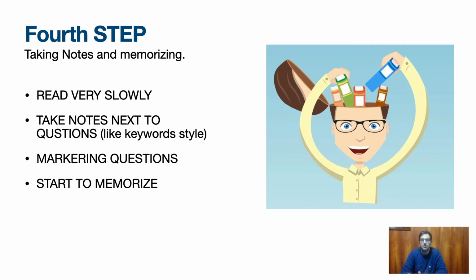And for type 2 questions, take another color of marker and tick the questions which you think you will not remember. Because type 2 questions are usually for memorizing, not understanding. And always take some keywords from the questions and mark them to memorize the question.